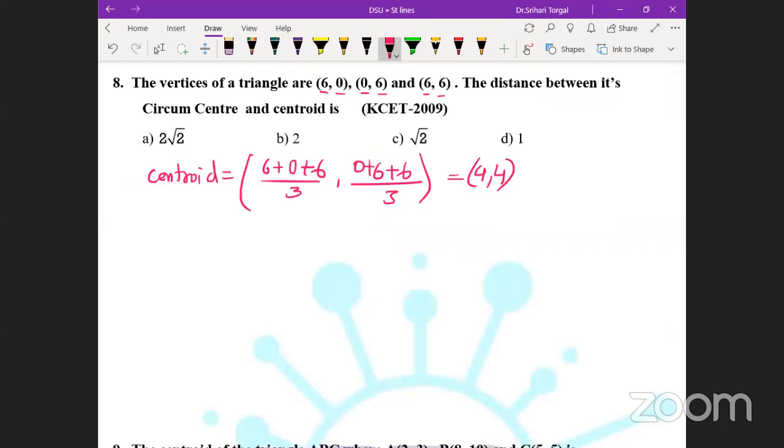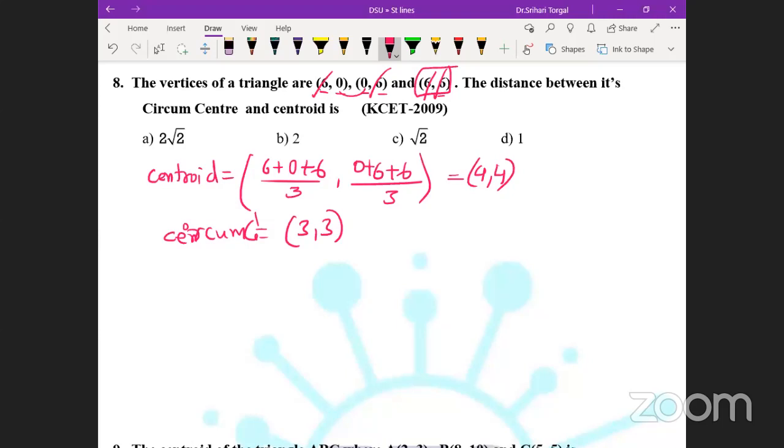And I told you already how to find out circumcenter. Circumcenter, it is 6, 6. So again, this 6. What is the midpoint of these two? 3, 3.